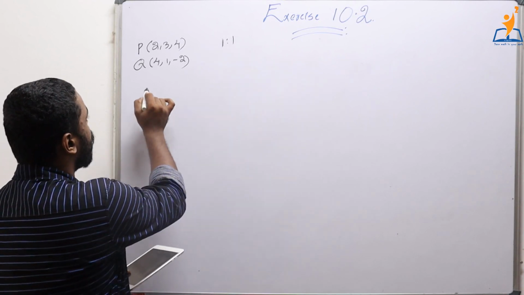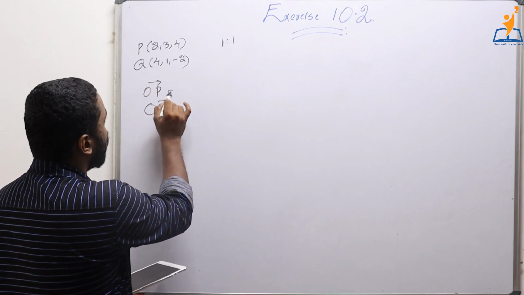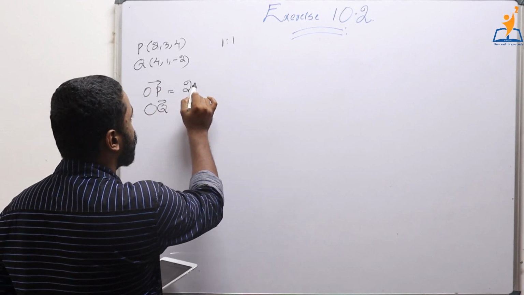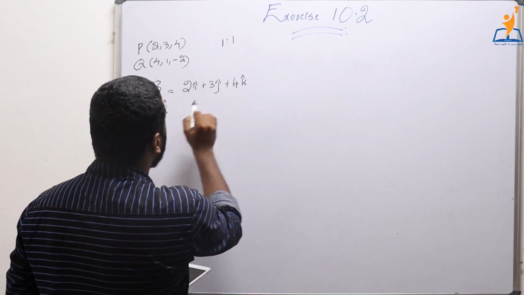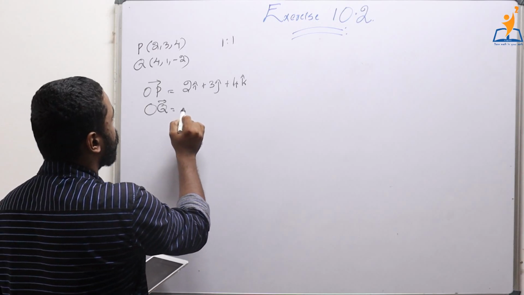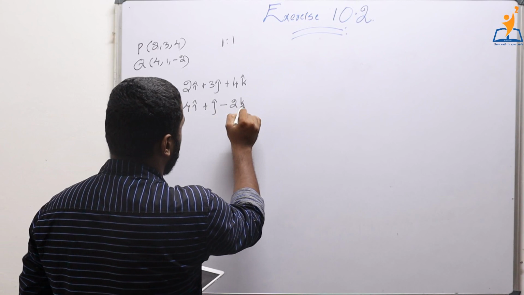First of all, we have to find the position vectors of the points P and Q. The position vector of the point P is 2i cap + 3j cap + 4k cap, and the position vector of the point Q is 4i cap + j cap − 2k cap.